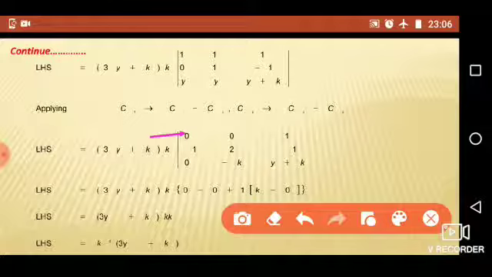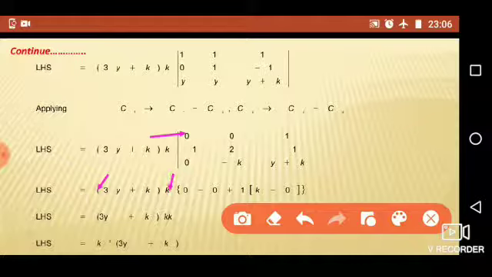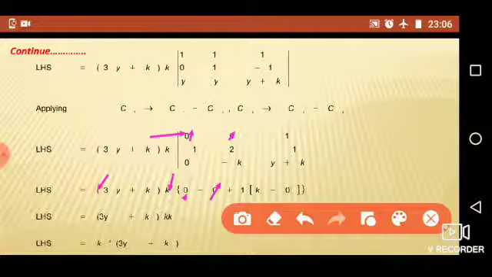Let me evaluate this determinant. The outside factor remains the same, that is 3y plus k into k. Now 0 into anything is 0, minus of 0 into anything is 0, plus 1 into deleting this row and column consisting 1. 1 into minus k is minus k, and 0 minus 2 is again 0.